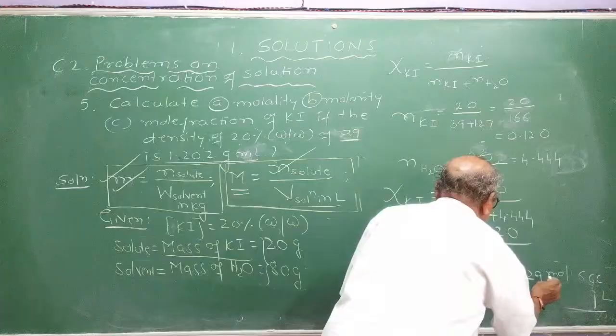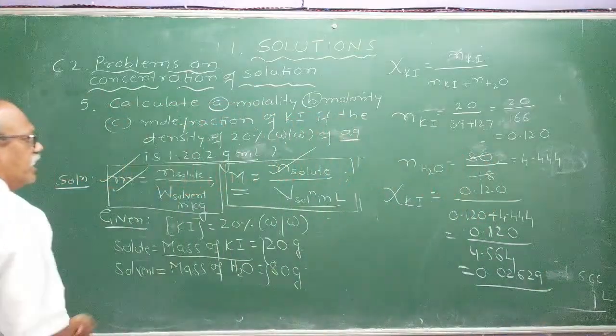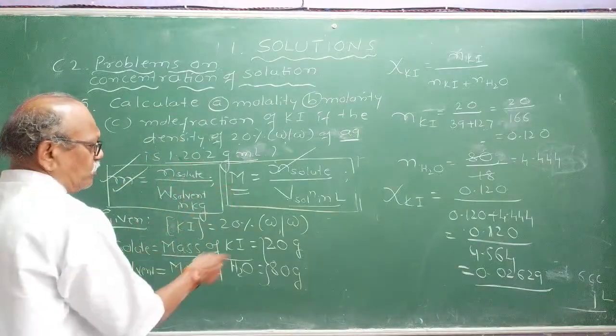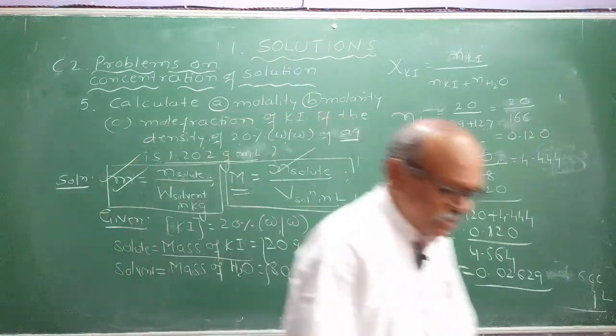That is the mole fraction. Mole fraction will have no units, as the number of moles cancels. You will get 0.02629. So that's all of the problem, my dear students.